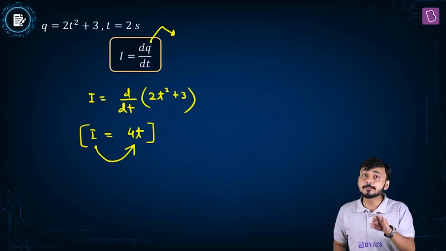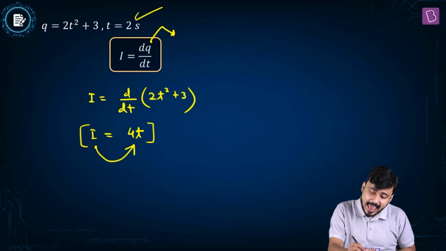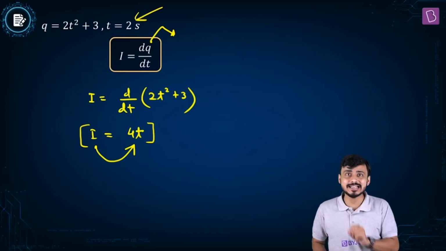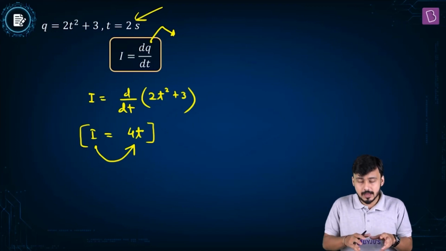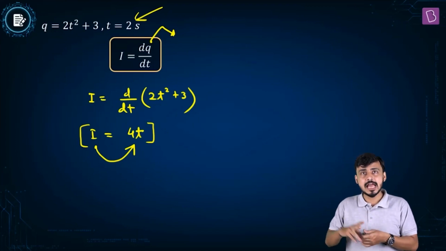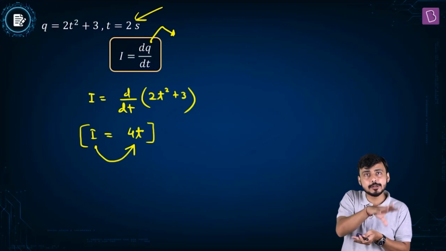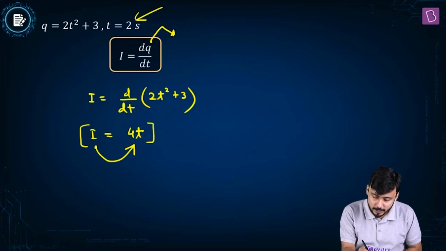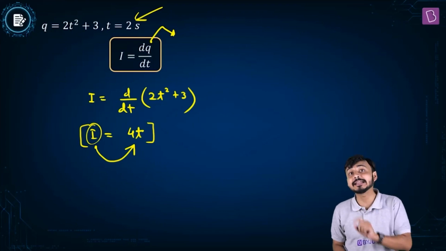Now, you are supposed to get the current through the element at t equal to 2 seconds. We call that the instantaneous current. When something is a function of time and we put a certain time to get the value of that particular thing, then the value at that moment is called the instantaneous value.